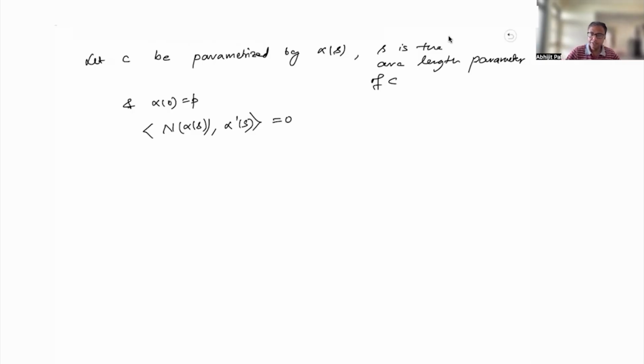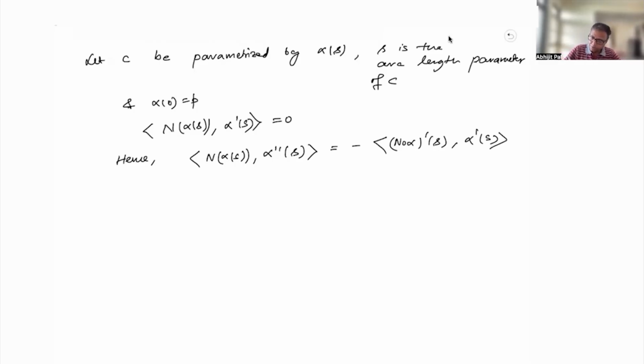So now if I differentiate with respect to S, what I will get is the following. Inner product of N alpha S with alpha double prime S will be equal to minus N compose alpha prime S, comma alpha prime S. So I'll get this thing.